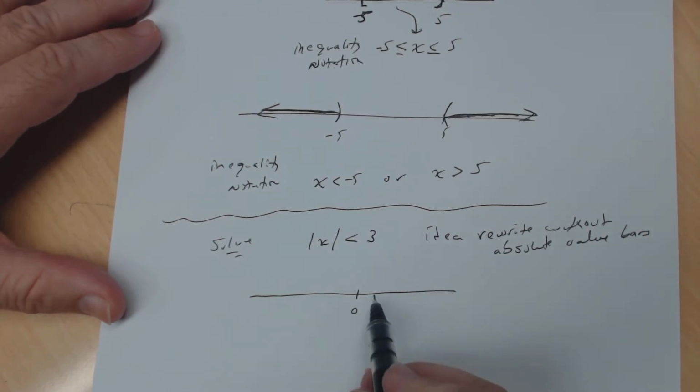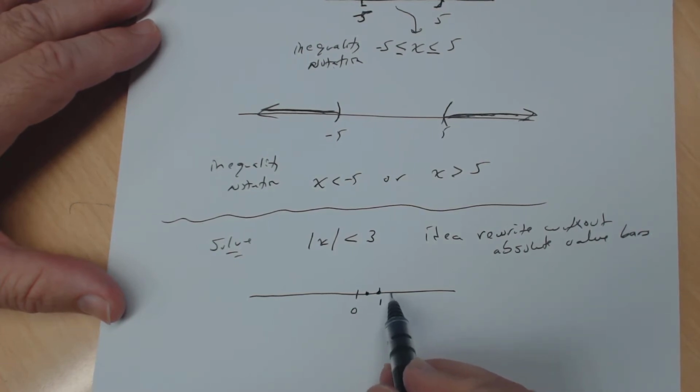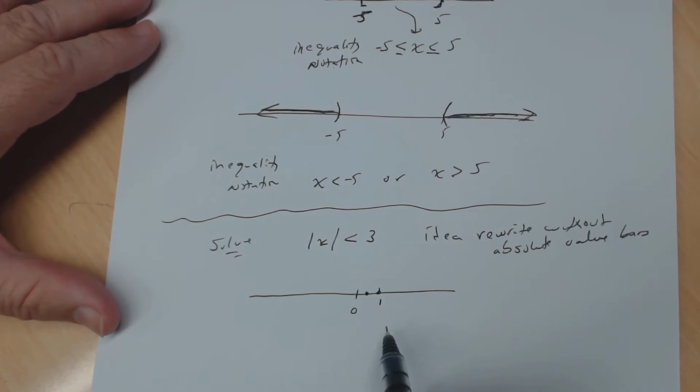In fact, so is 1/2, so is 1, so is 1.2, so is 1.76, so is 2.00008, 2.8999, 2.999999, all the way to 3.